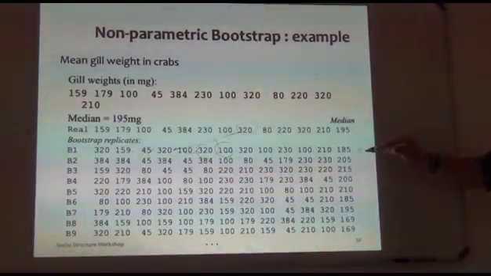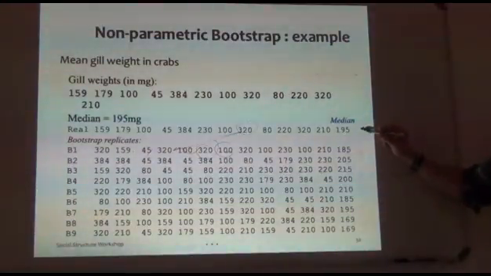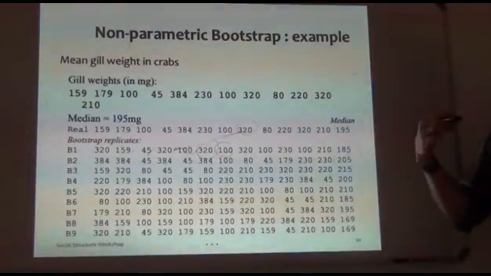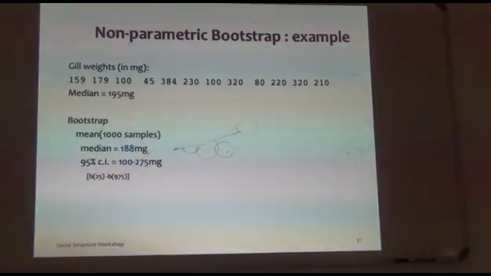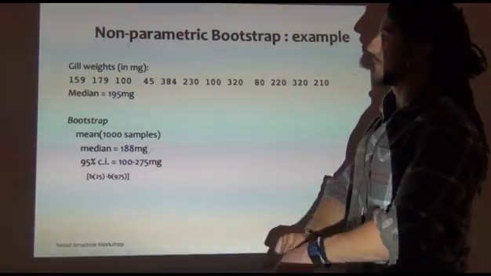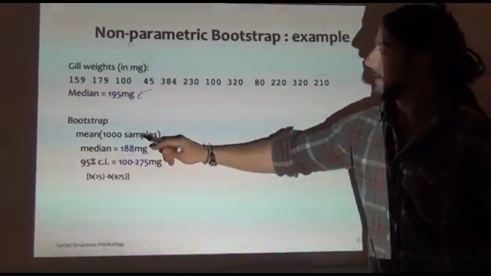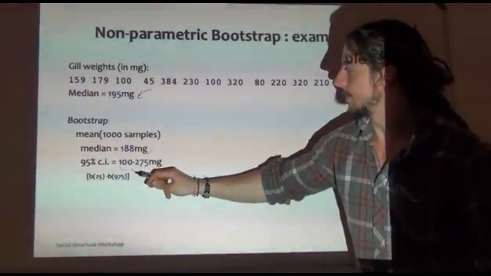Now we have one replication here, this one. Then you do it again, you get this value. Do it again and again and again. So you have a distribution of medians. And with the distribution of medians, now we can calculate the standard deviation if you want, or the confidence interval. So at the end, this is the observed statistic. Then the mean out of 1,000 samples, we have, say, a confidence interval of this.